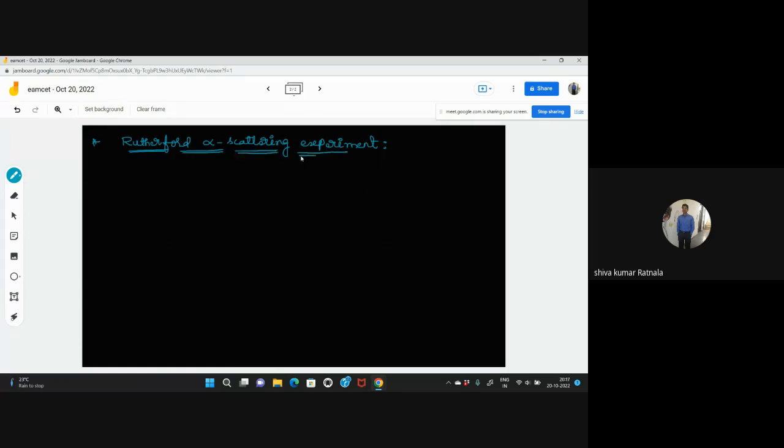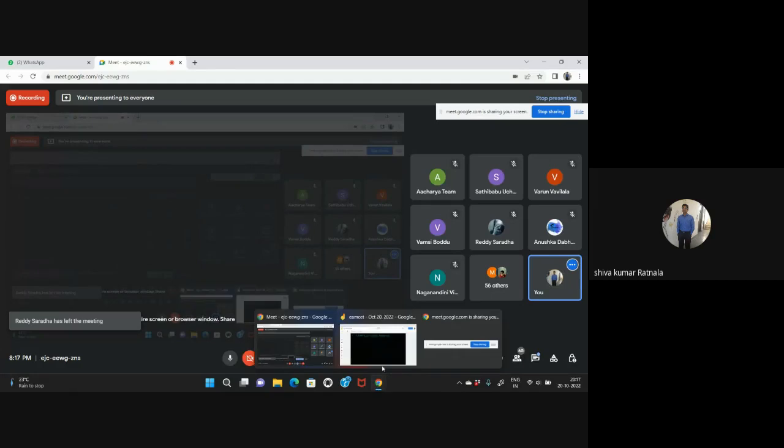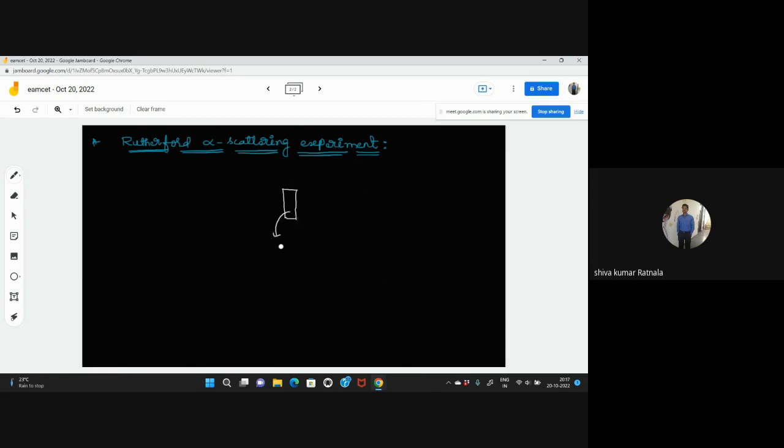So, what is Rutherford's alpha scattering experiment? For this experiment, first he considered a source of alpha particles. He took a thin gold foil.